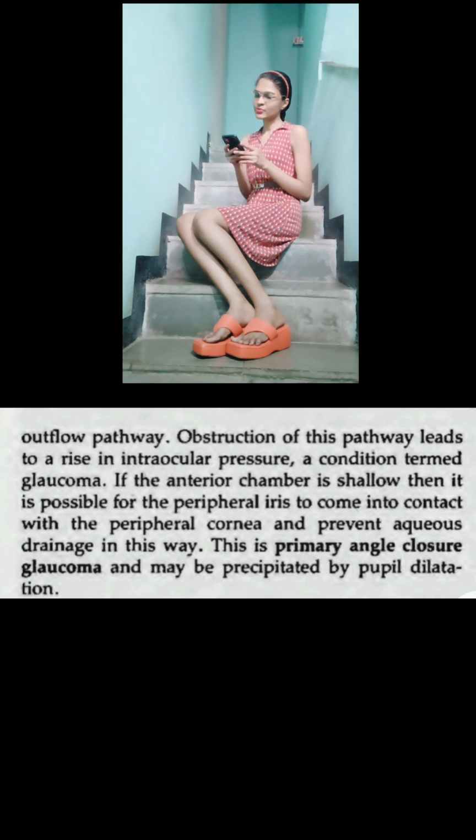If the anterior chamber is shallow, then it is possible for the peripheral iris to come into contact with the peripheral cornea and prevent aqueous drainage in this way. This is primary angle closure glaucoma and may be precipitated by pupil dilatation.